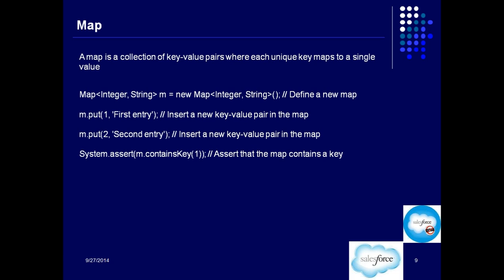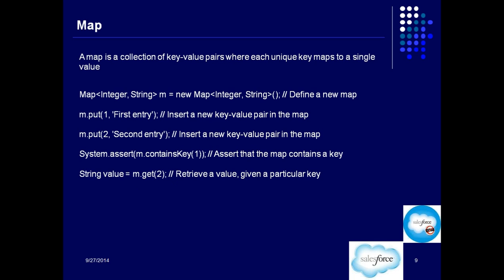System.assert, contains key, m.get(2). So if you have to fetch the value based on the key, this is how you can do that, right? So it's more like our list index number. In the list also we had a kind of mapping, and that was being done based on the index number.